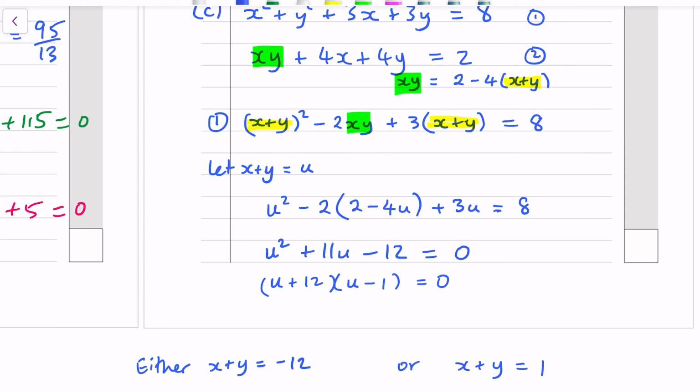So using equation 2, if x plus y equals negative 12, then I've got x times (minus 12 minus x) plus 4x plus 4 lots of (minus 12 minus x) equals 2.